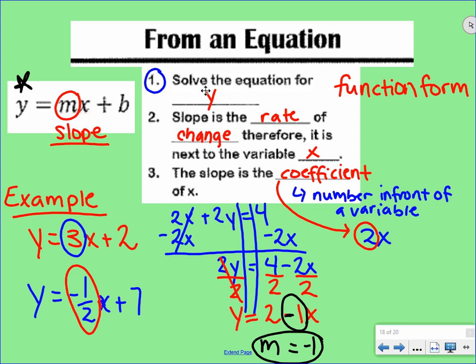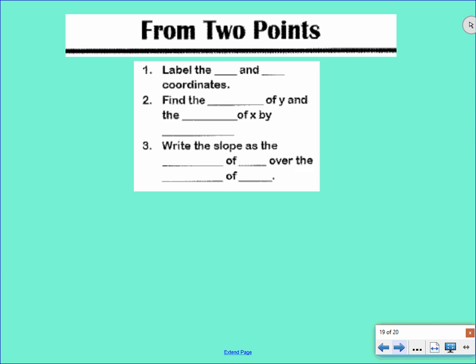The last way to find slope is from 2 points, from 2 coordinate points. So first we want to label the x and y coordinates. Then we want to find the change of y and the change of x by subtracting.